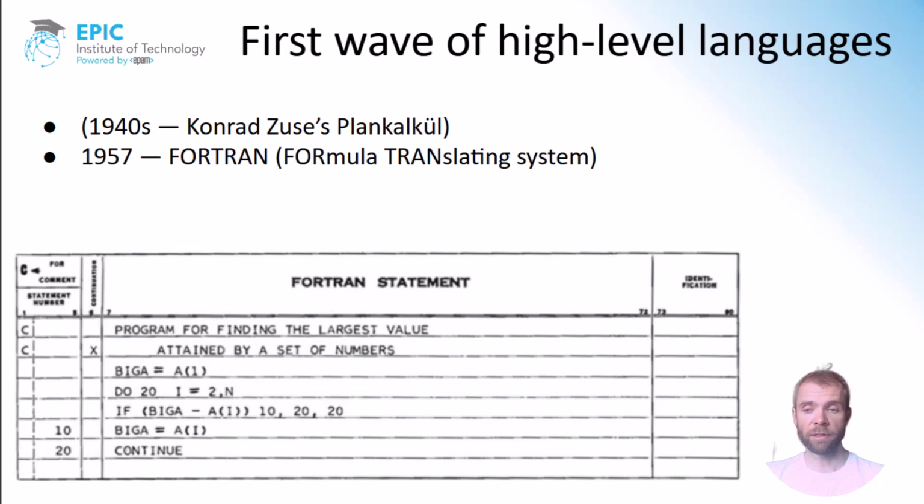One can argue that the very first programming language, which can be considered high level, was a language called Plankalkül, devised by Konrad Zuse. Remember, that's the guy from Germany who built one of the very first digital programmable computers. But this language was not actually a language directly usable on a computer.